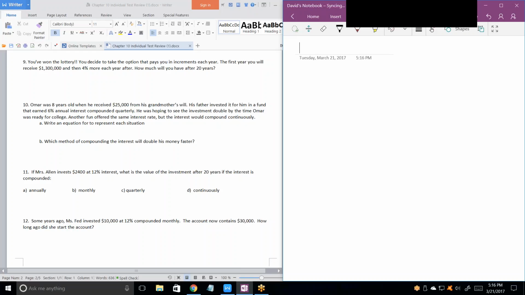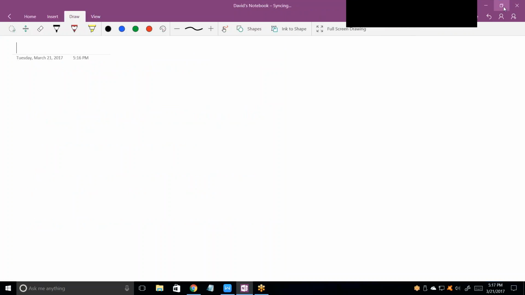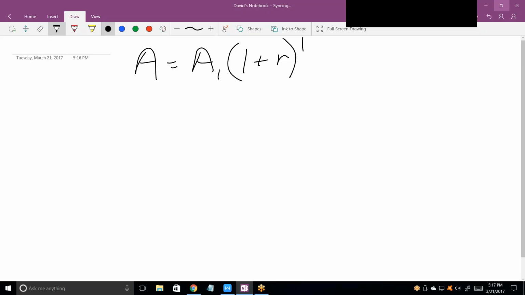Let's talk about the 3 formulas for compounding. If you're compounding yearly, your final amount is equal to your initial amount times 1 plus your annual rate of return to the number of years. I'm going to write all 3 of them because they're each different.